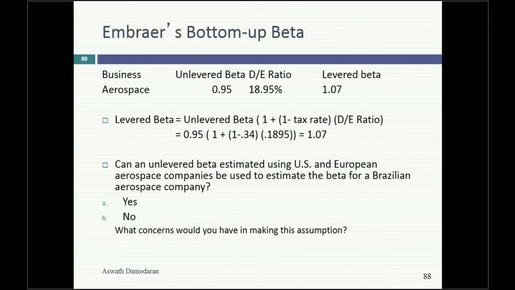Nice thing about Embraer is it's a single business company. Okay, so Joseph? What if you're dealing with a UK company, should you still use...? Start with the UK. If you get 50 companies in the UK, why look a gift horse in the mouth? You're done. If you get 5 companies in the UK, go to Europe. If you get to 7 companies in Europe, go global. But if you get to 37, use your judgment because you know that there are differences in regulation, especially in some businesses.